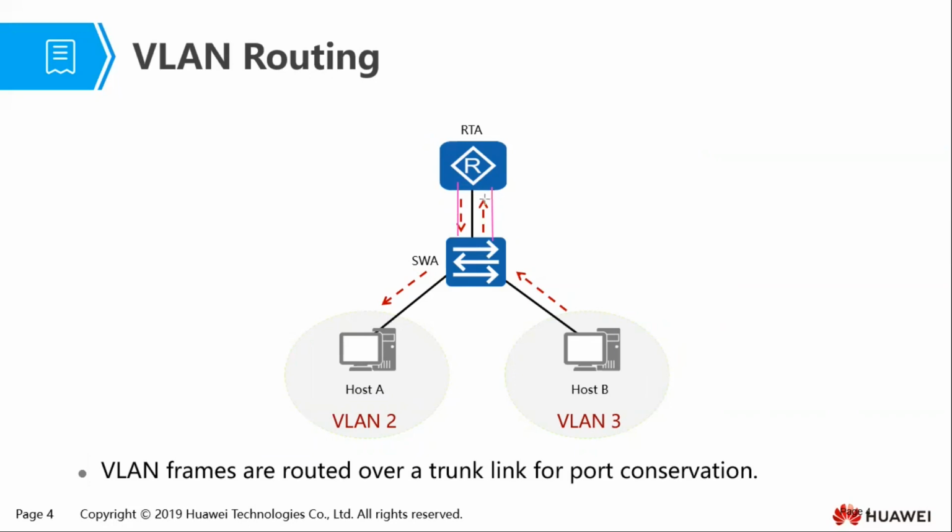But this will lead to port wastage, because most layer 3 devices have fewer ports, and the more ports, the more expensive. So in order to conserve ports, we can use the same physical interface, and we subdivide that particular interface, as you're going to see, into what we refer to as sub-interfaces.